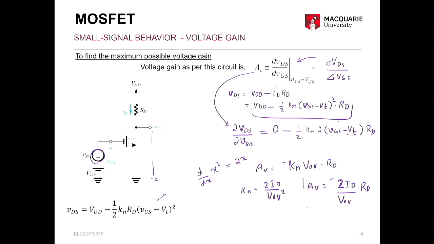Okay, so this is the AV max, or the AV max amplitude would be just that without the sign. That is the maximum possible amplification that we can get for this configuration.